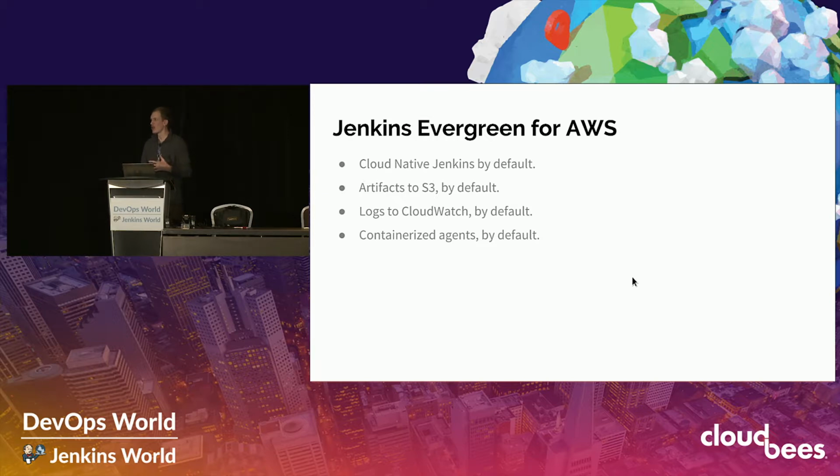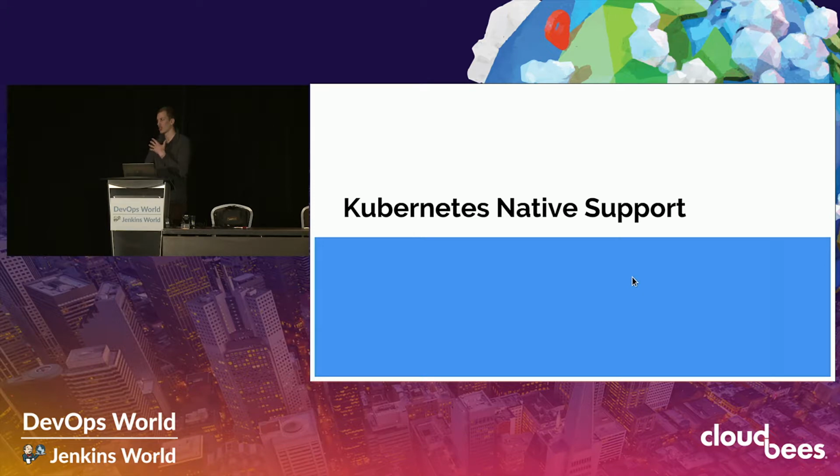And for AWS, I think there's a lot of powerful things that we can do by default. The other thing that we've started to talk about is shipping a Helm chart that just ships Evergreen on Kubernetes with all of the right things for Kubernetes set up by default.